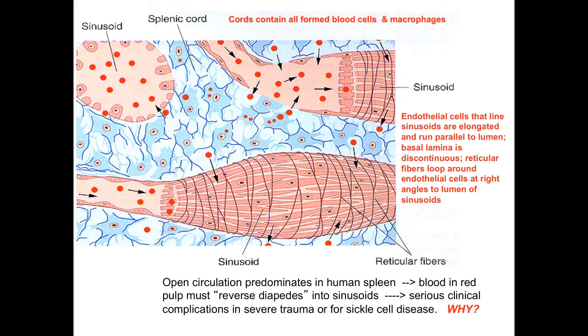We've already talked about a blunt force trauma injury where you could essentially lose huge blood volumes if the spleen is ruptured, if the dense connective tissue capsule is ruptured.